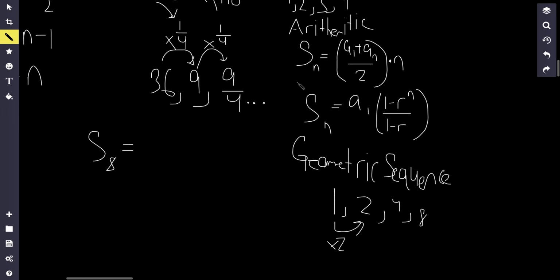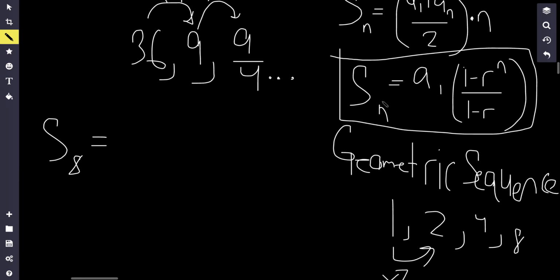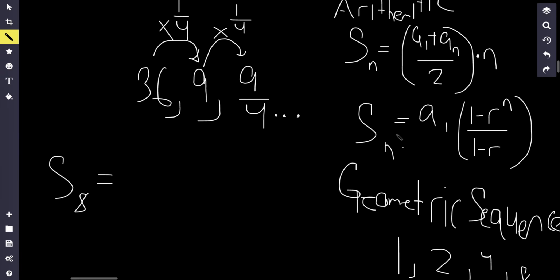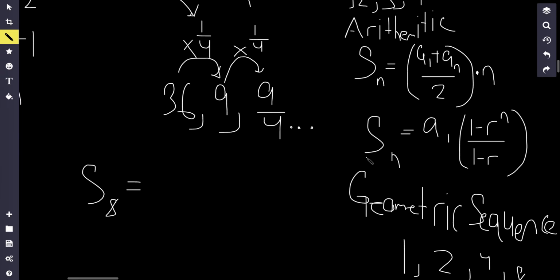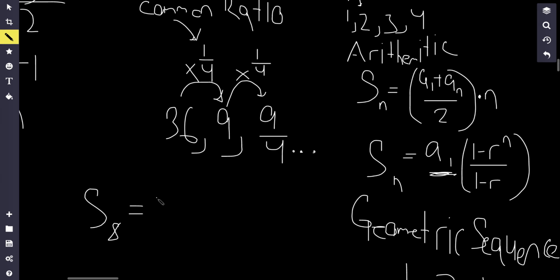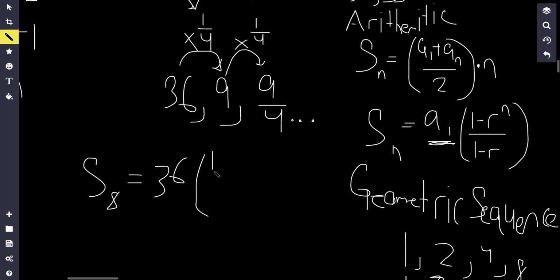Now for a geometric sequence, this is going to be the formula. So in this case, let's just plug everything into my formula. S sub n, basically the sum up to the 8th term, is going to be equal to the first term, which we know is 36, times 1 minus r to the n.